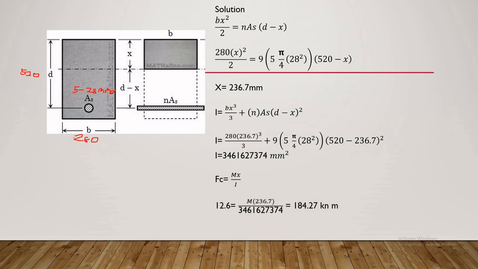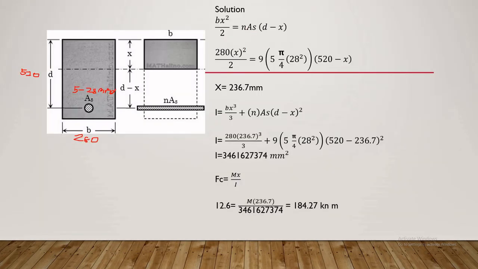So, first thing to do is find or locate the X dun sa ating problem, no? So, in order to do that, ito yung formula natin: bx squared over 2 equals n As multiplied by d minus x. Okay, so substituting the values, yung ating base is 280 x squared over 2 equals sa ating n, yung ating modular ratio na given din kanina, which is 9.0.